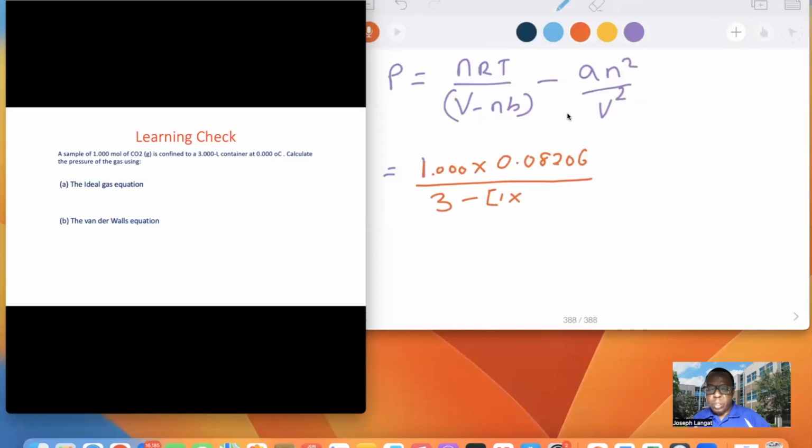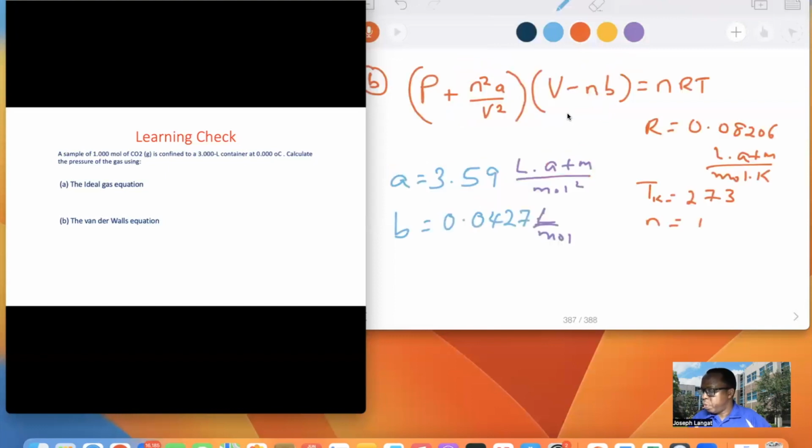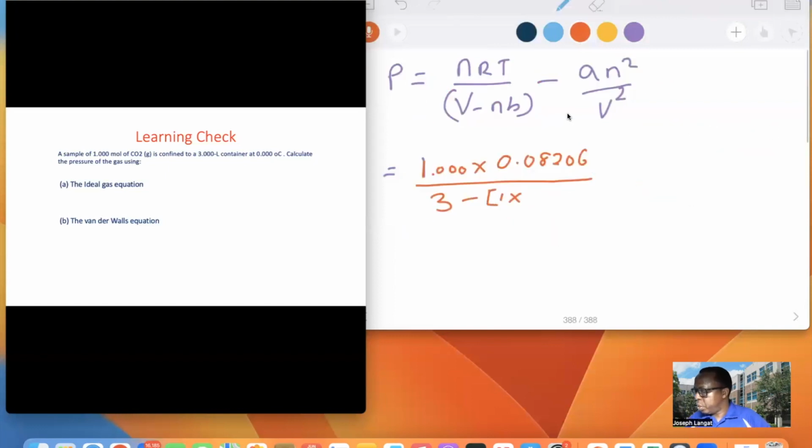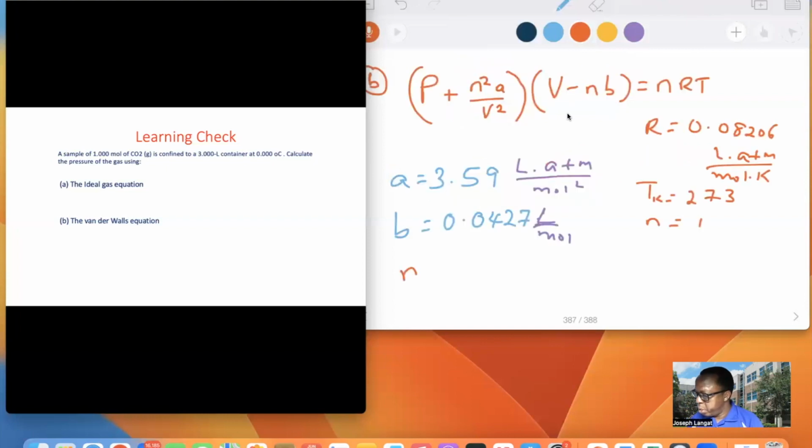Remember, b is 0.0427, minus a, which is 3.59, times 1 squared. n stands for the number of moles, which is 1.